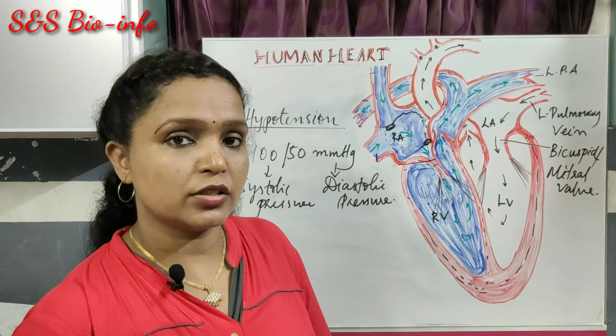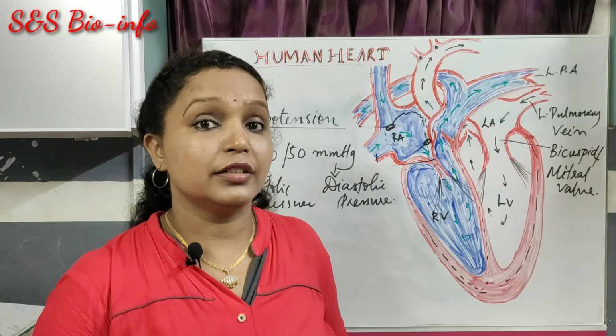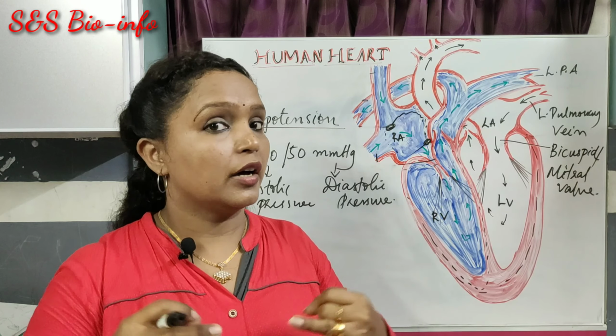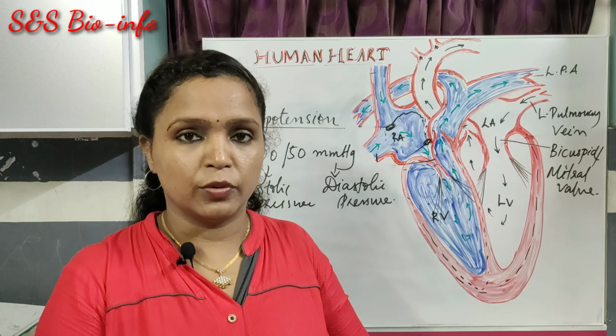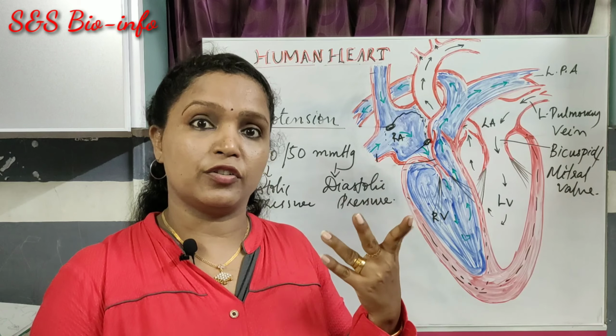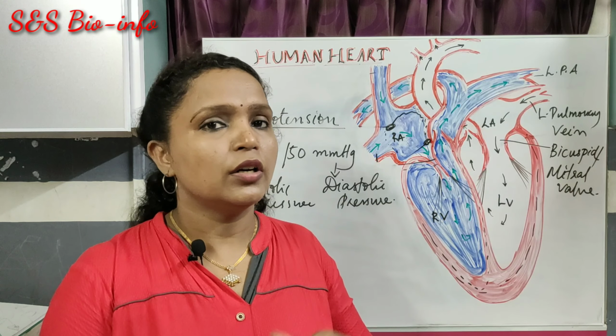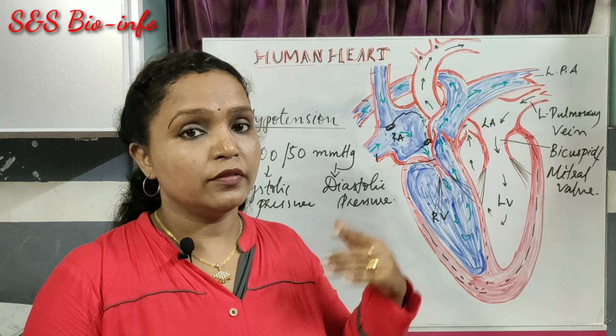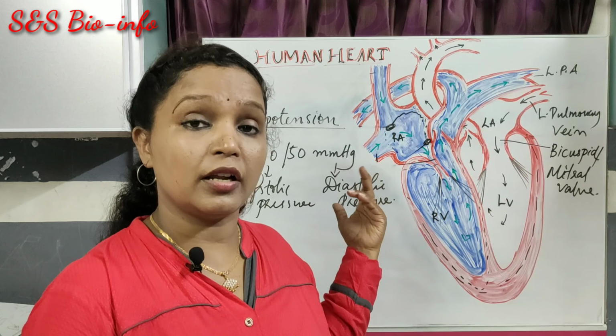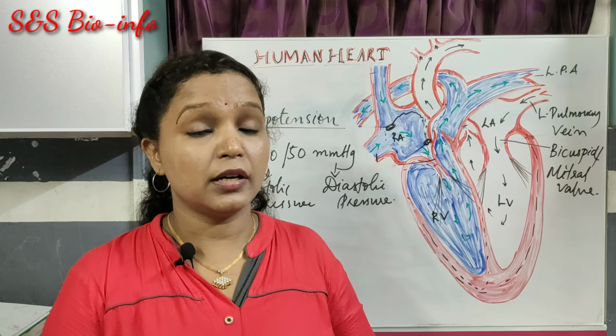The main causes of hypotension are the dilation of the blood vessels, rupturing of the blood vessels, excessive loss of blood from the body, and failure of the pumping action of the heart. All those may lead to fainting in some people. The values of both hypertension and hypotension are different in different persons.